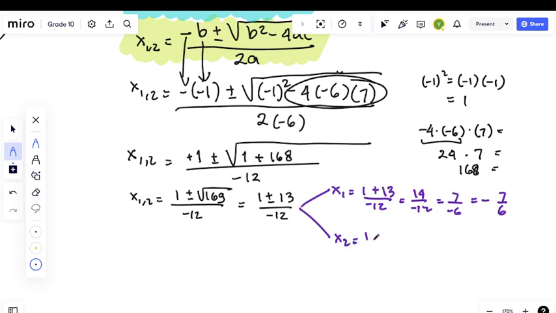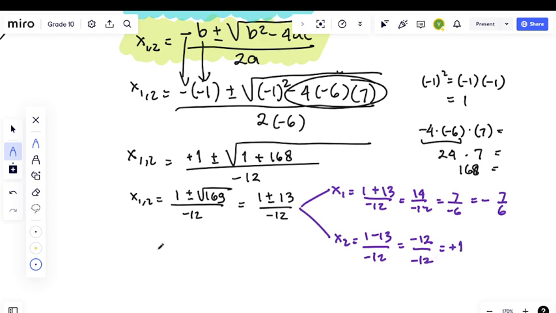As for the second part, for the solutions, we use the negative 13. Yeah, 1 minus negative 13 is negative 12. Negative divided by negative is a positive. 12 over 12 is 1.